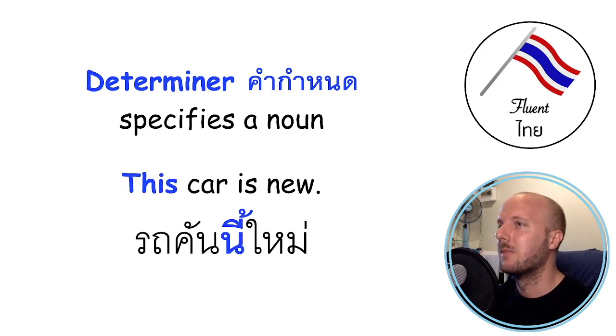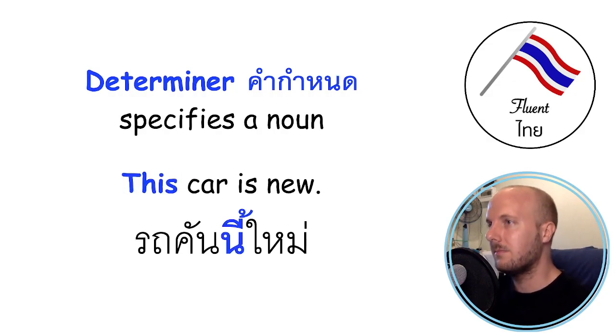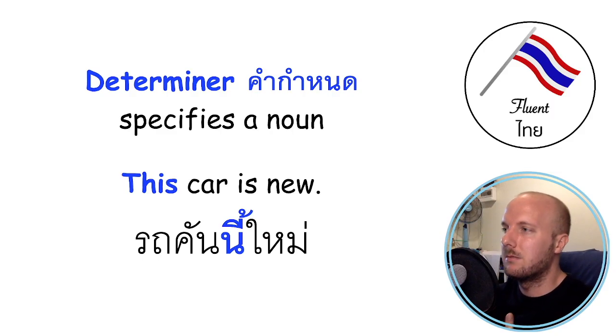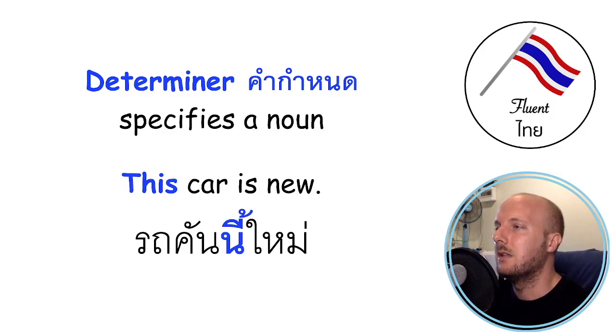That's amazing. Determiner คำกำหนด. It specifies a noun. So this car is new. รถคันนี้ใหม่. So the determiners are quite simple words. This, that, these, those. It depends whether it's near or far, singular or plural.